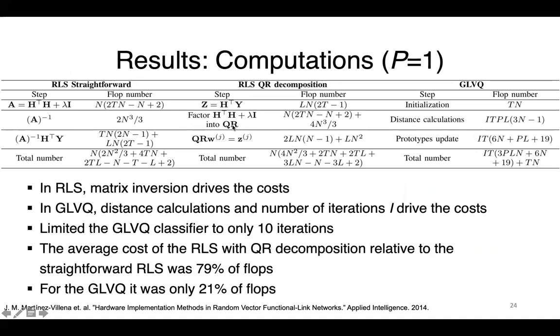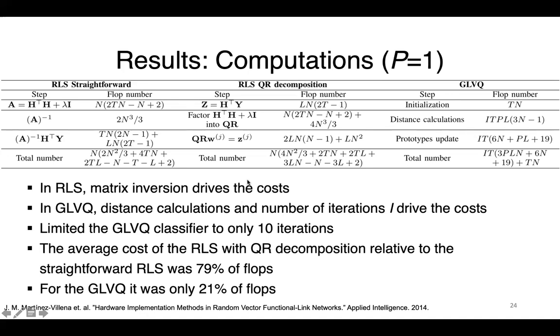And we chose QR factorization as our decomposition method, since it seems to be the most popular method for computing the readout weights of a RVFL in a cost-efficient manner. And this was reported in Valena et al.'s survey on hardware implementations of RVFL.